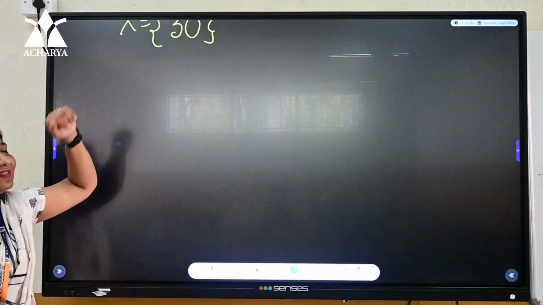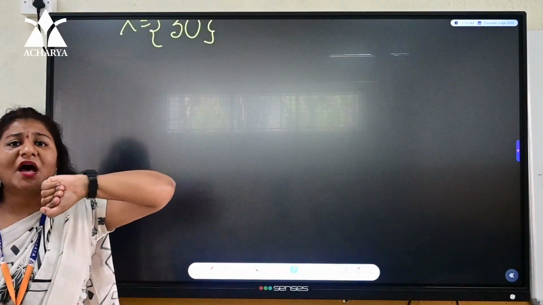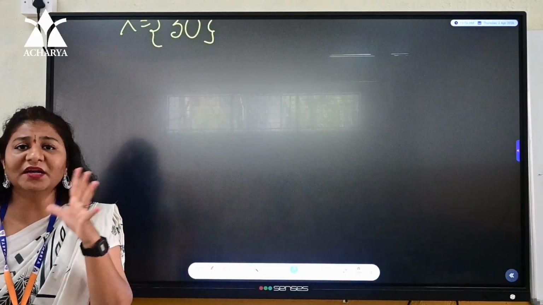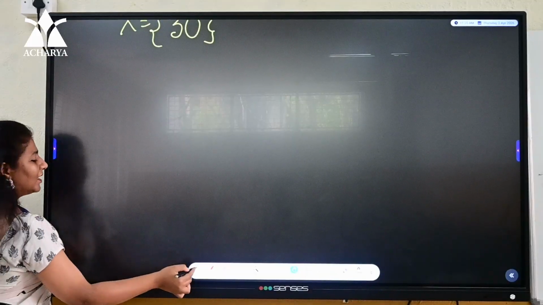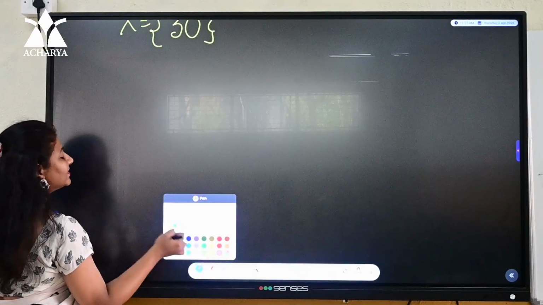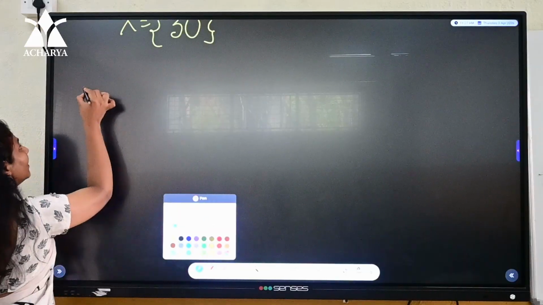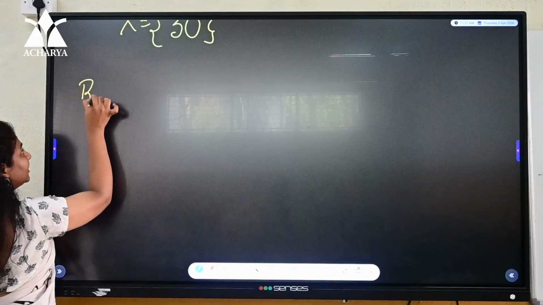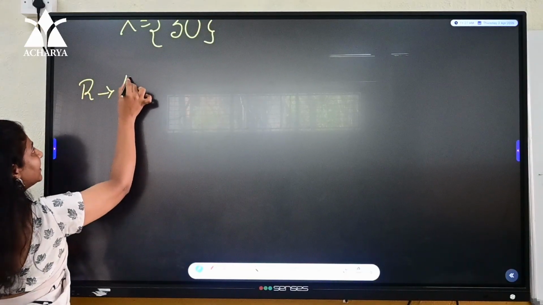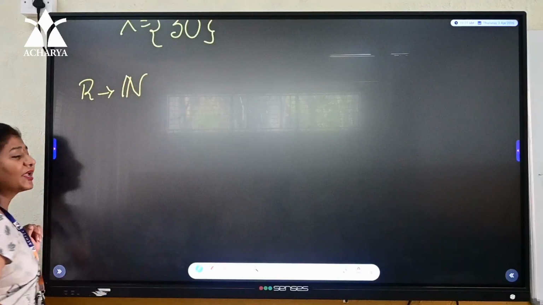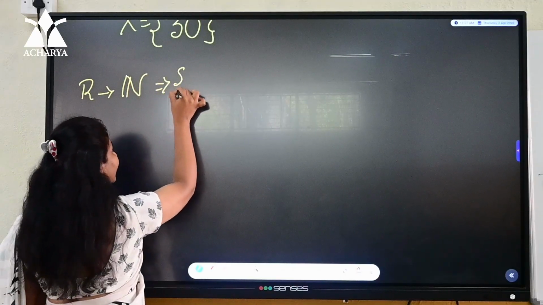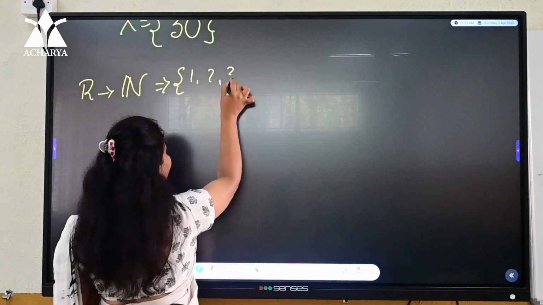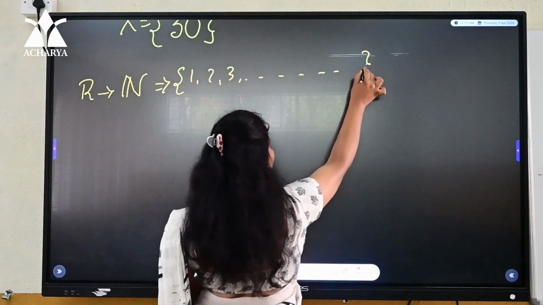So how is it linked with the given set? How can I define a subset in the real set? It is very simple. So first you tell me, what are the elements of the given set here? Real numbers. In real numbers, what elements will be there? Natural numbers. How are natural numbers defined? By the elements 1, 2, 3 and so on.